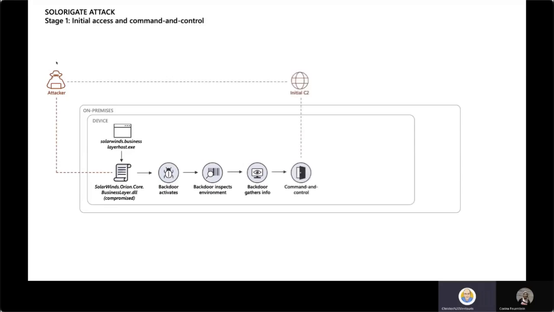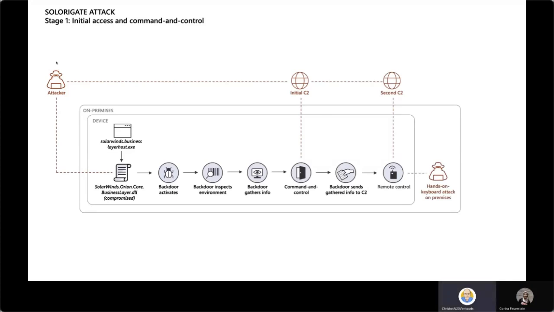It will then contact a command and control server using a subdomain that is generated partly with information gathered from the device, which means that a unique subdomain is generated for each affected domain in a target organization. The backdoor allows attackers to remotely run commands on the device and move to the next stages of the attack.